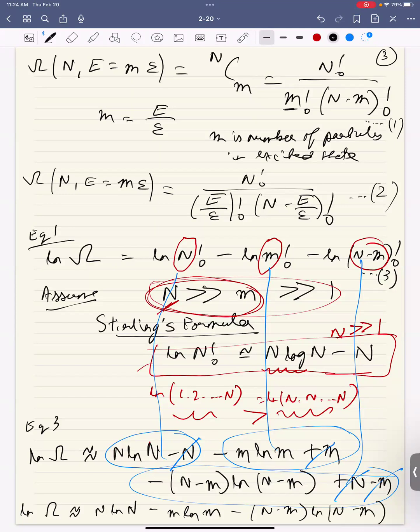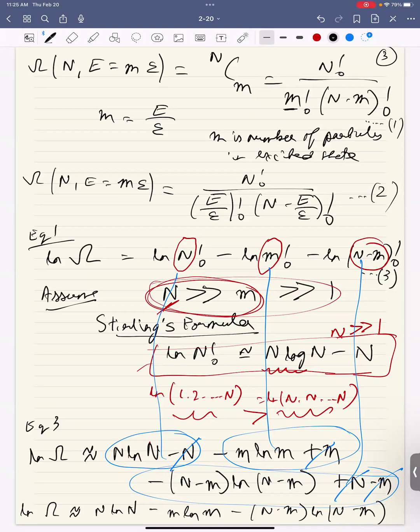Okay? So that's ln omega. This is approximately the log of the number of microstates for any value of the energy. It's not going to be true if your m is all close to n.